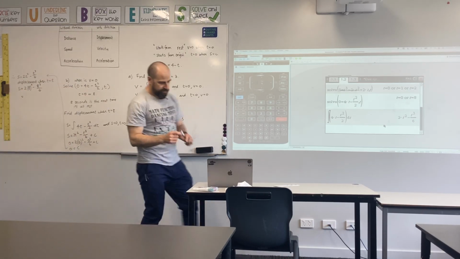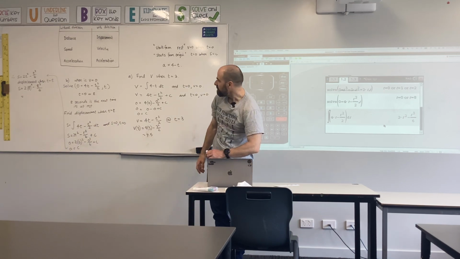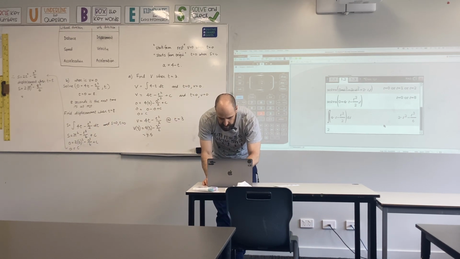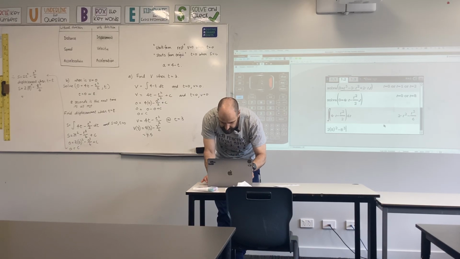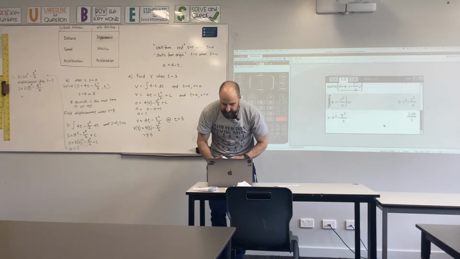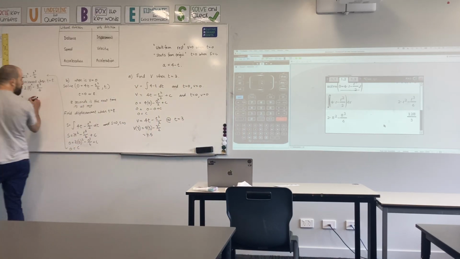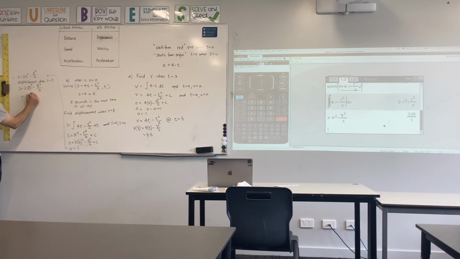And I'm feeling lazy, so I'm going to use my calculator. 2 times 8 to the power of 2 minus 8 to the power of 3 divided by 6. So after 128.3 metres, its velocity will be 0 again.